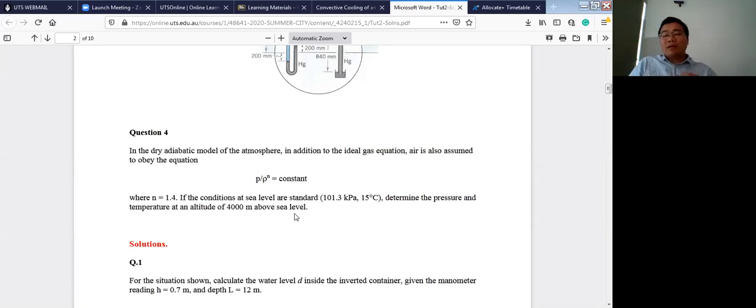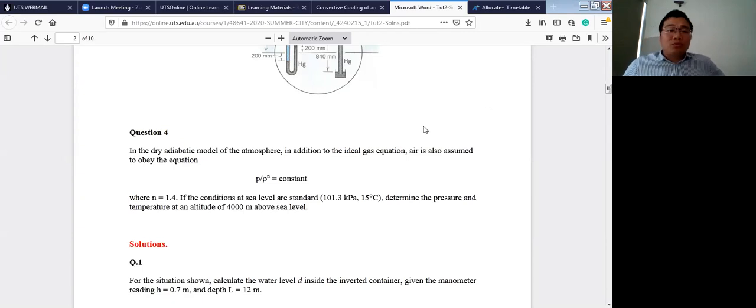At 4,000 meter altitude, if you have a look in the table, when we go up, the density decreases. So it means the density is not constant. Density at sea level and at 4,000 meter altitude is different. So you have to use dP over dz equal to minus rho g, or dP over ds equal to rho g.